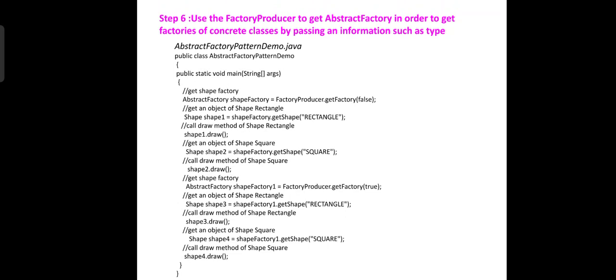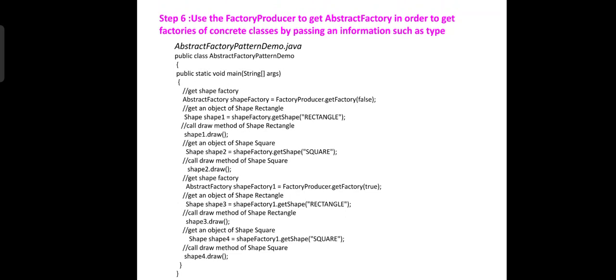After that we have to get an object of shape rectangle. Shape1 is used for the rectangle shape, and the getShape method is used to get the shape object. Then we will call the draw method of shape rectangle, so shape1.draw. Shape1 is the object which is used for rectangle, so we will use shape1.draw.